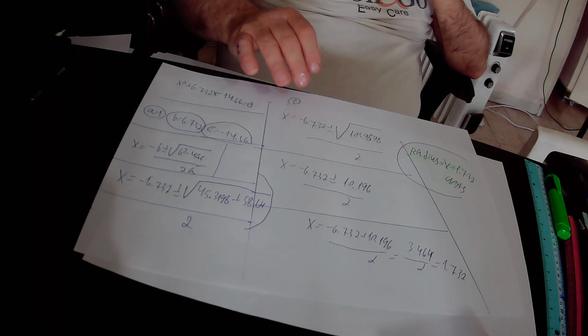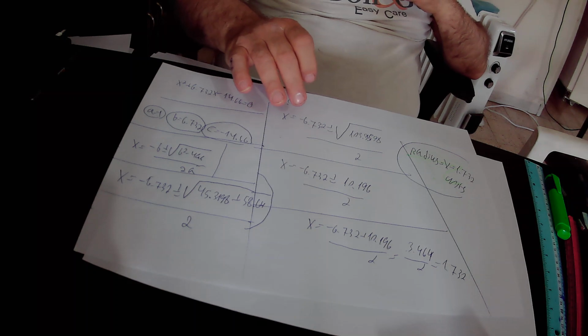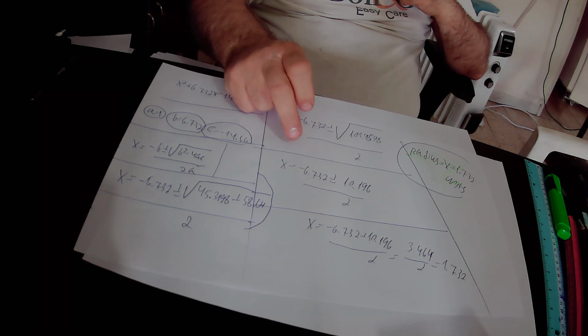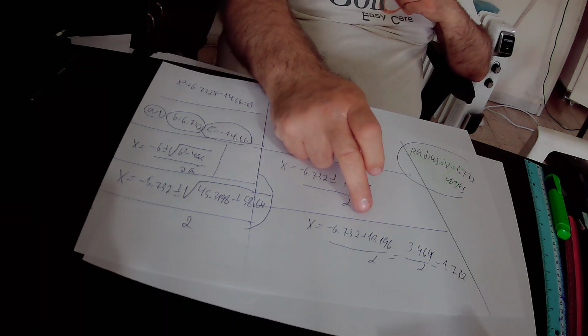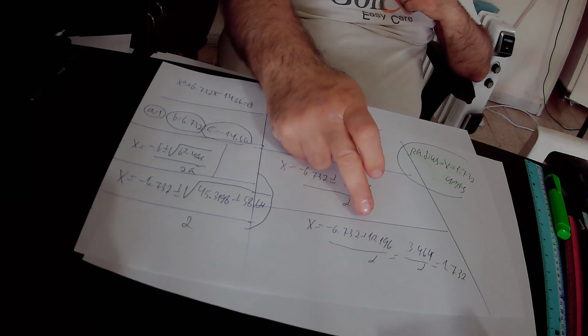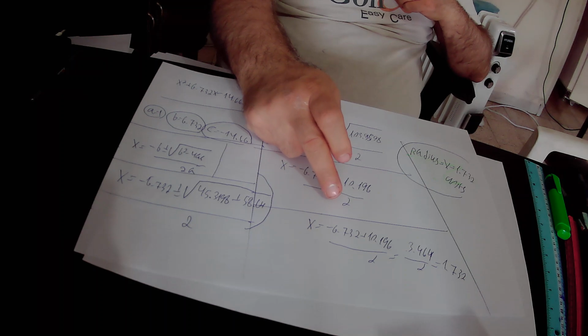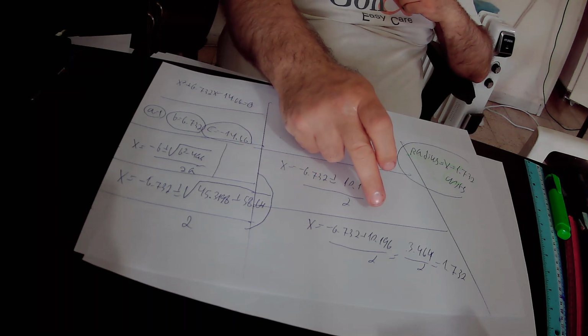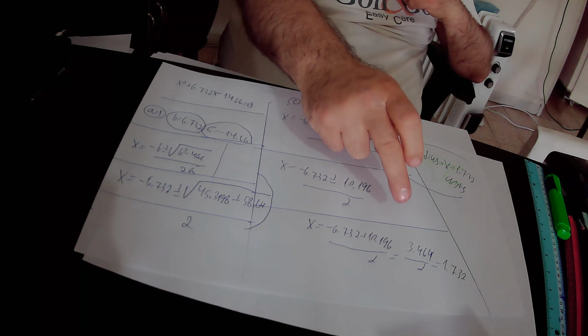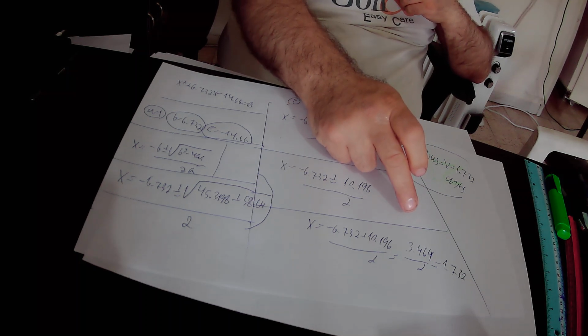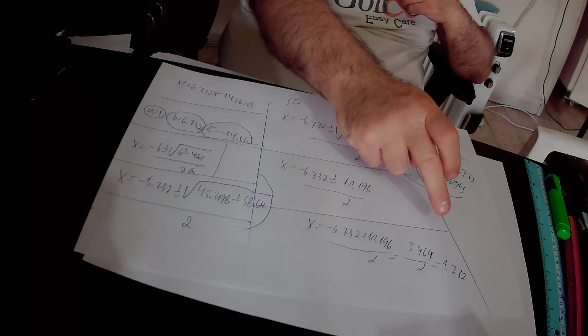The positive solution is x equals minus 6.732 plus 10.196, divided by 2. And minus 6.732 plus 10.196 is 3.464, divided by 2, and 3.464 over 2 is 1.732.